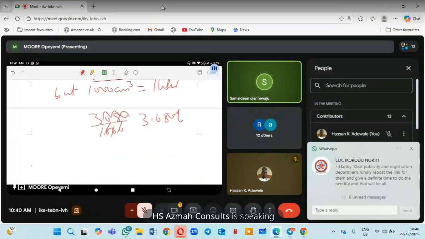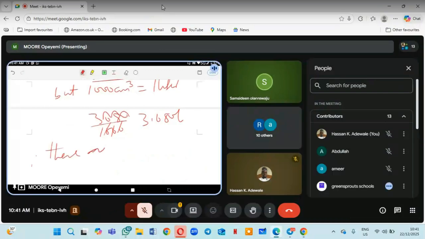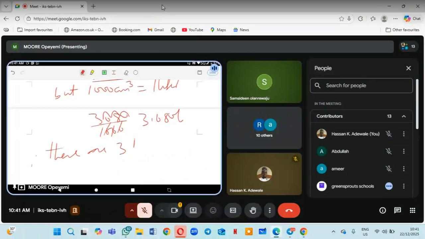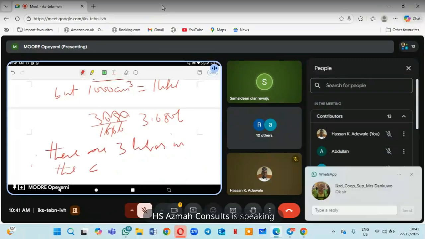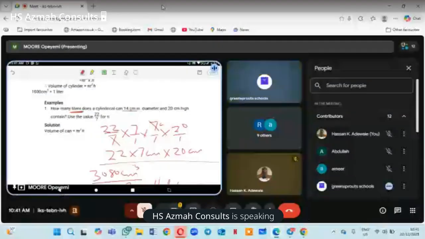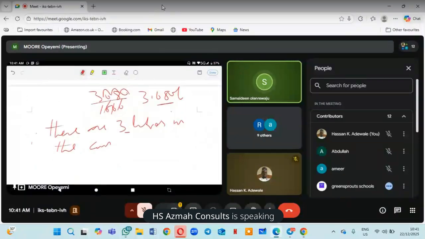Therefore, there are 3 liters. That's all. Because the rest, they are not up to liters. They say how many liters. Hope you understand what I'm saying. So there are 3 liters. That is the end of that one.